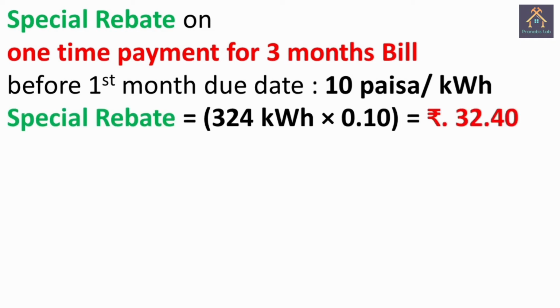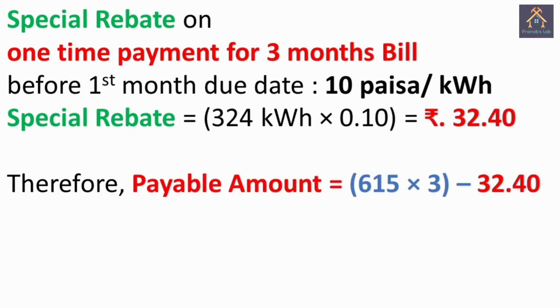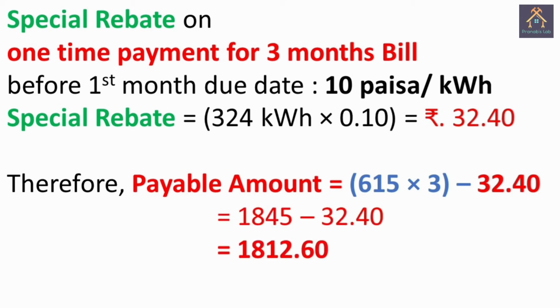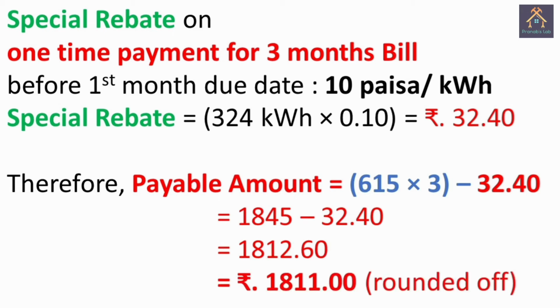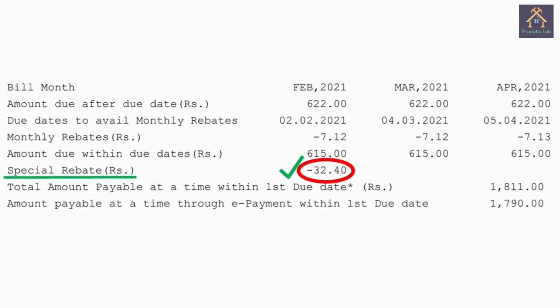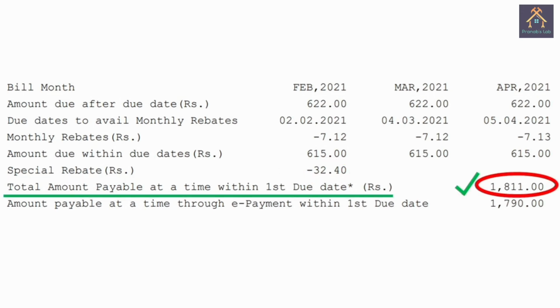In our case, the special rebate on 324 units will be 32 rupees 40 paisa, and after applying the rebate, the payable amount will be 1812 rupees and 60 paisa, and after rounding off it will be 1811 rupees. And here you can see the special rebate is mentioned as 32 rupees 40 paisa, and the total amount payable at a time within the first due date is 1811 rupees.